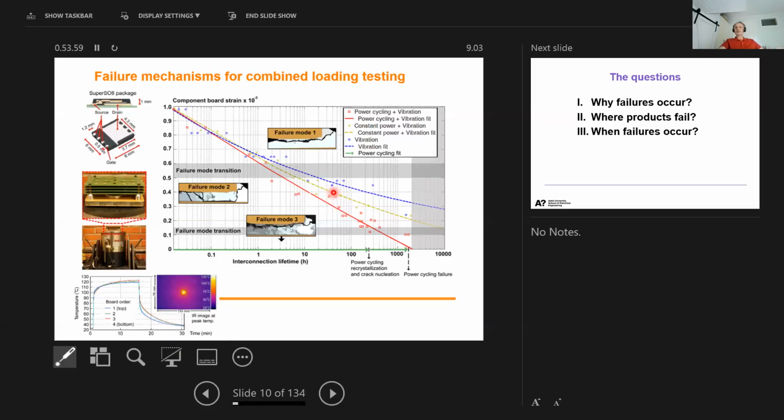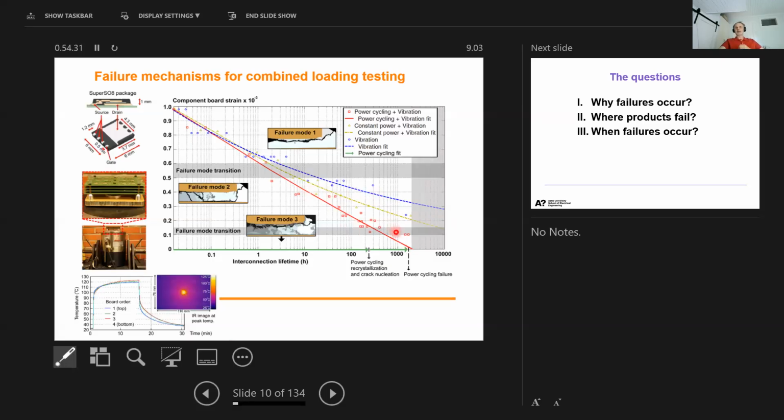But actually what we see is the red curve, so it even speeds up the failure because it accumulates the stresses. We have mechanical stresses coming from the vibration, and then thermomechanical stresses coming from the power cycling, from the different coefficients of thermal expansion of the materials. So now you have even higher acceleration.